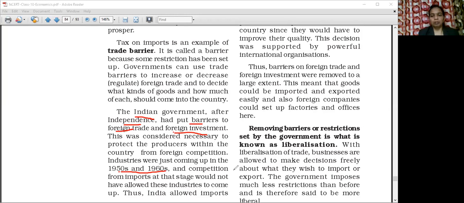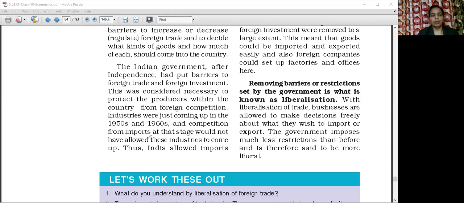So in this way, the Indian government did not allow other countries, foreign investment or foreign trade in the country, to avoid competition for the local producers.